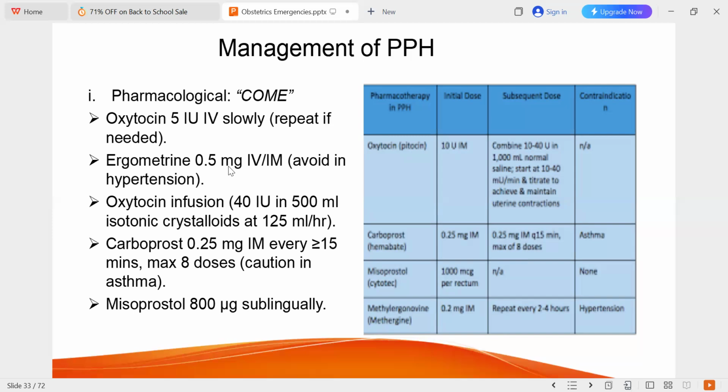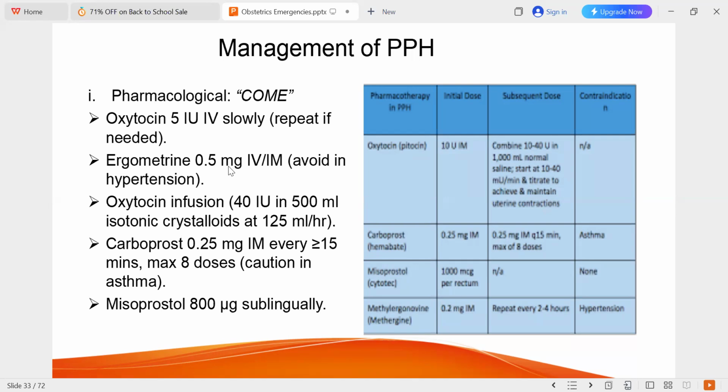So the initial dose of oxytocin, you want to give 10 international units IV or IM slowly as the case may be. And you can also do subsequent dosing, you put 10 to 40 units in 1 liter of normal saline, and you start at 10 to 40 mL per minute and titrate to achieve and maintain uterine contractions.